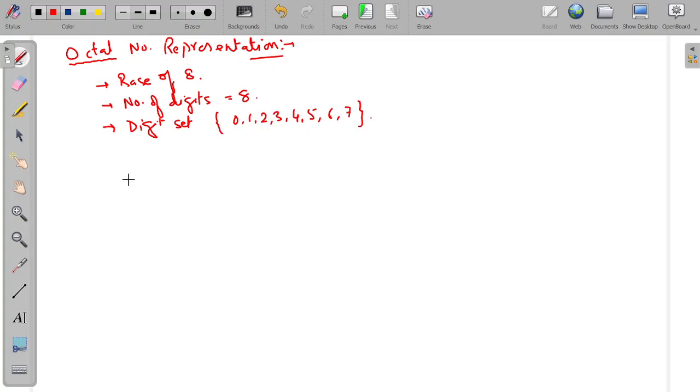Okay, so in this case the radix point may be called an octal point for this octal number system, and this is also a positional number system or a weighted number system.